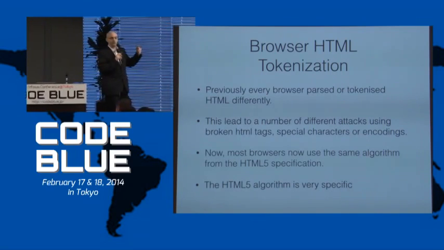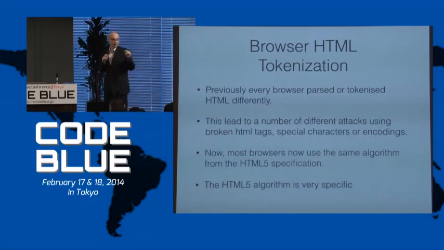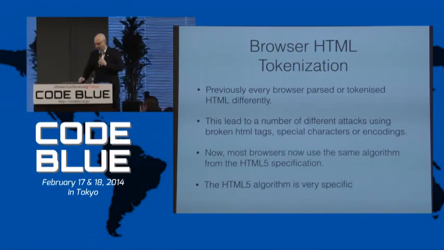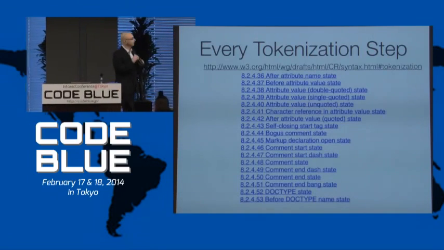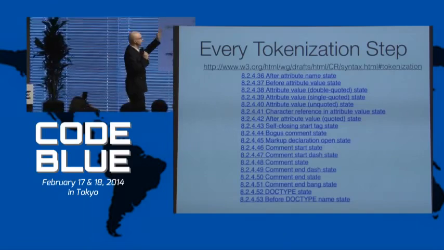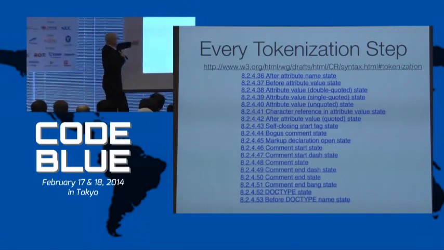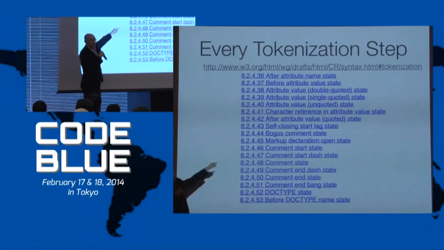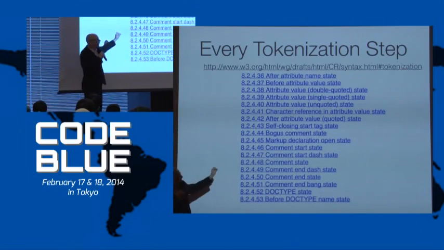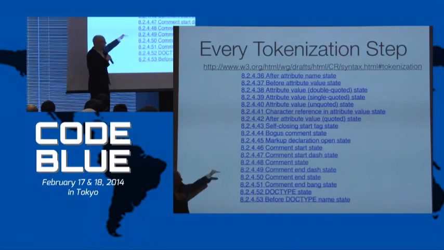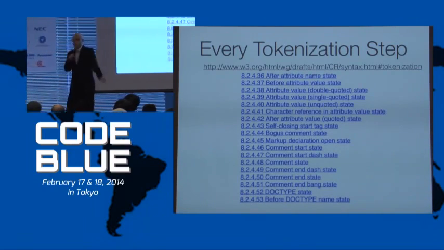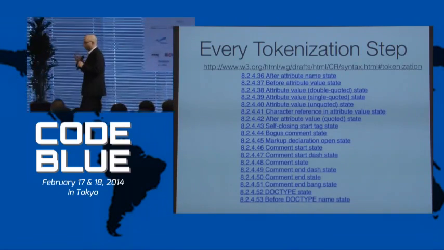The HTML5 algorithm for tokenization is very specific. You don't really need to translate all this, but literally every step in the parsing algorithm is very defined. Comments start with a dash, all these different things, and that's all available for everyone to read.